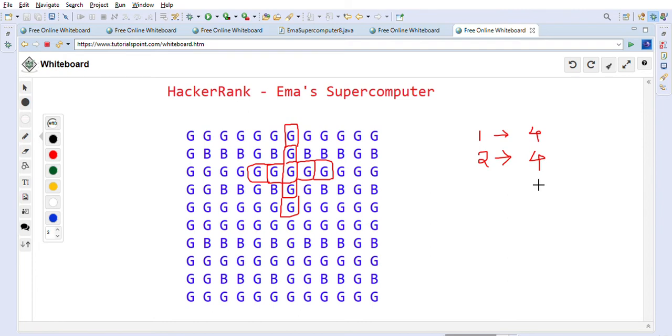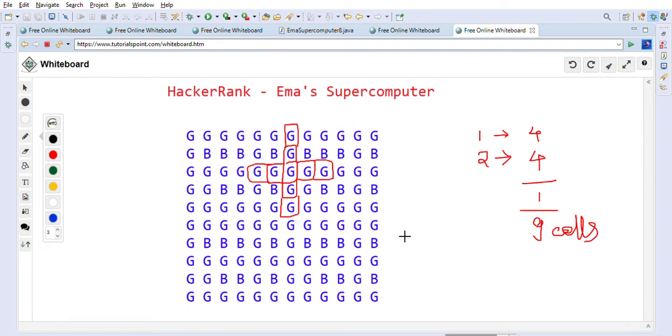So how many total cells did I get here? 4 plus 4 plus 1. Why 1? Because of the middle one. So total 9 cells I got here. Now after this point I cannot expand further because here it is the end. So this is the maximum expansion which is possible, correct?